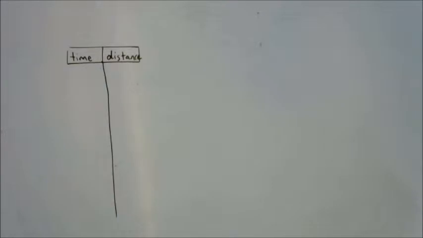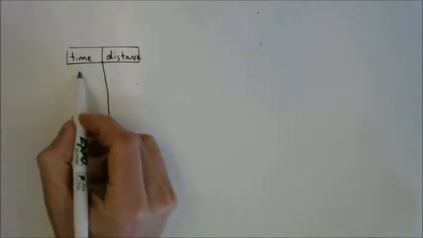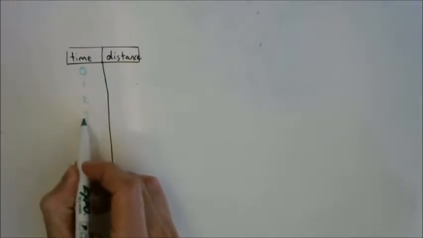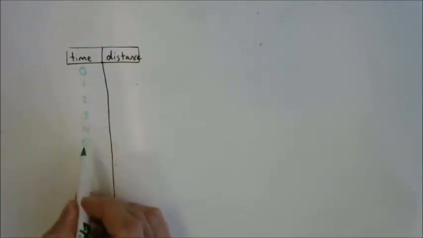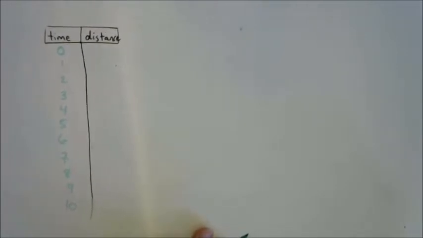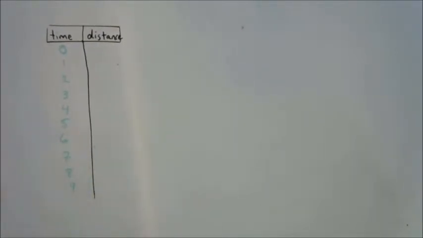Okay, and we're going to fill those in for 0 minutes. For time, it's going to be measured in minutes. It's 0, 1, 2, 3, 4, 5, all the way down to 10. We only have 9. You won't have 10, that's fine. You can go from 0 to 9.